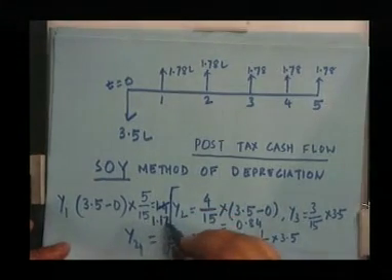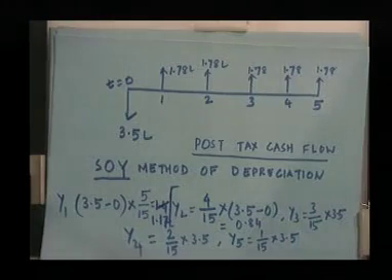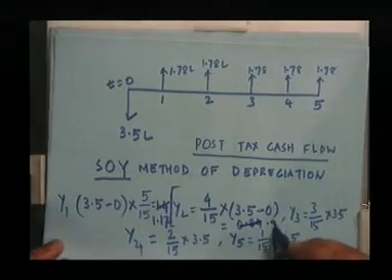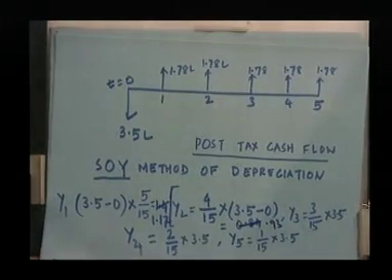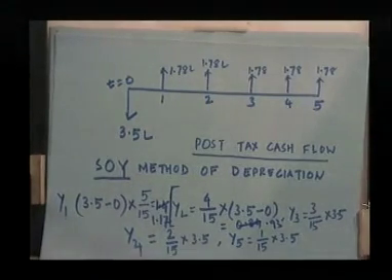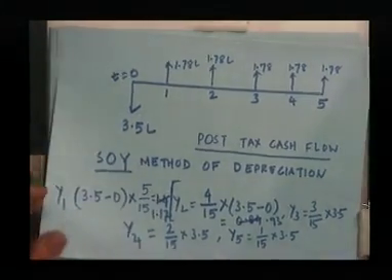You can make a certain correction. 1.17, then you have 0.93 for year 2, 0.7 for year 3, and 0.47 for year 4, and 0.23 for year 5. I will illustrate one method, and the remaining you can do on your own.